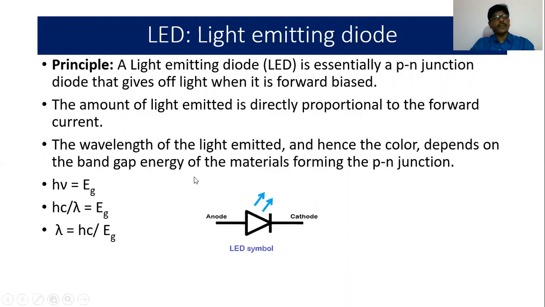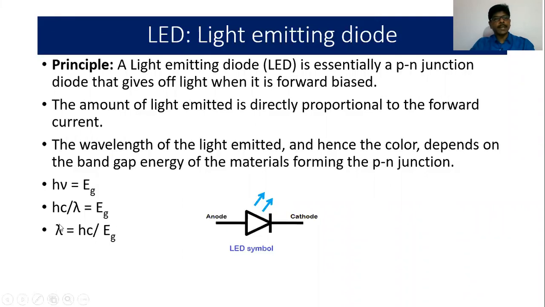We know that we have an equation E = hν, where E in this case is the energy gap. ν can be written as c/λ, or λ = hc/Eg. Here h is Planck's constant and c is the velocity of light, both are constants. Eg is the energy gap.